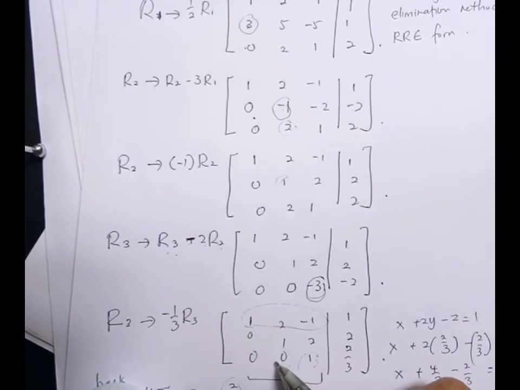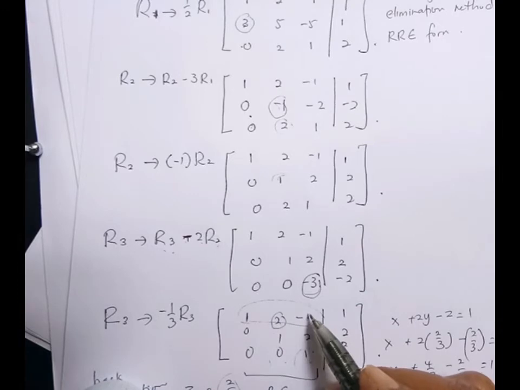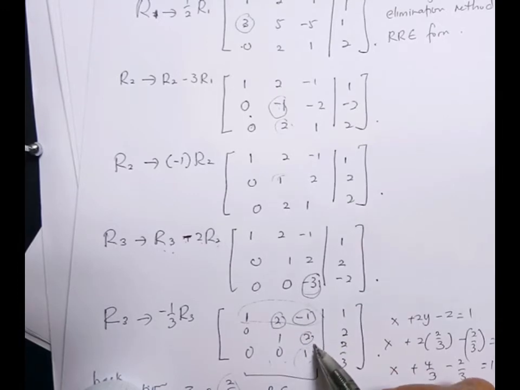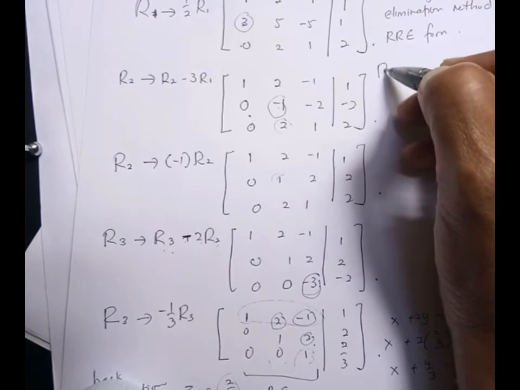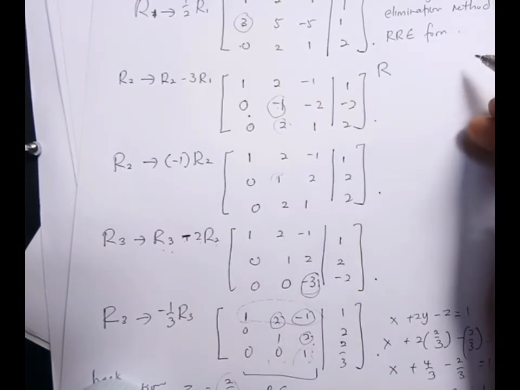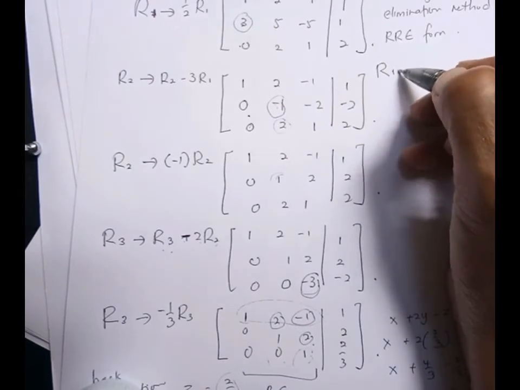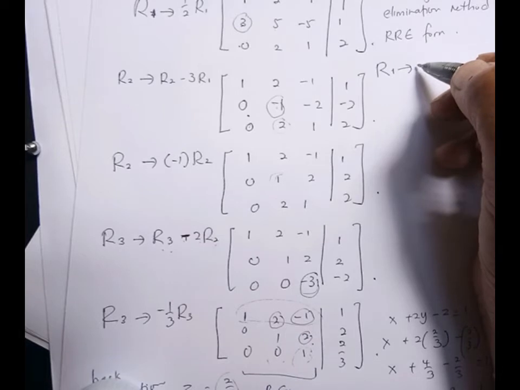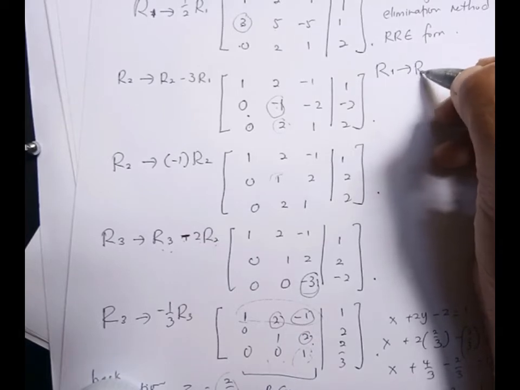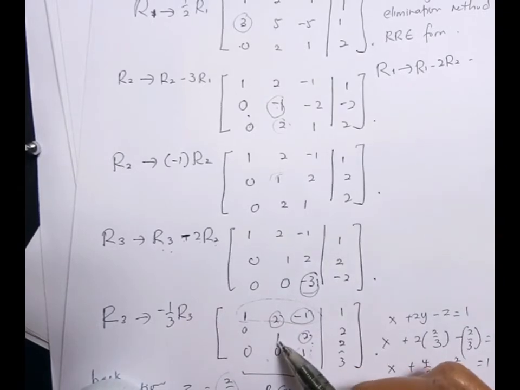So now, reduce this, make this 0, this one 0, and this one 0. To make this 0, R1 minus 2R2.